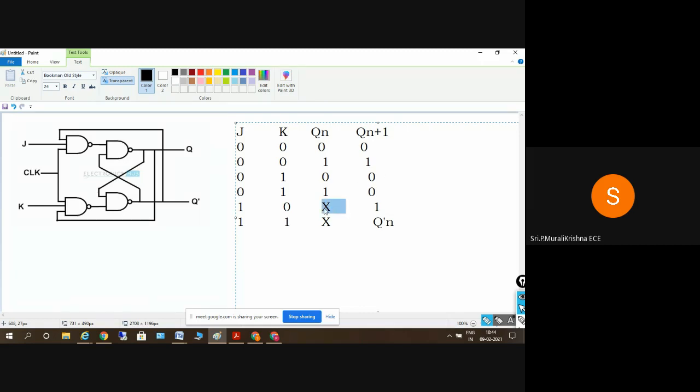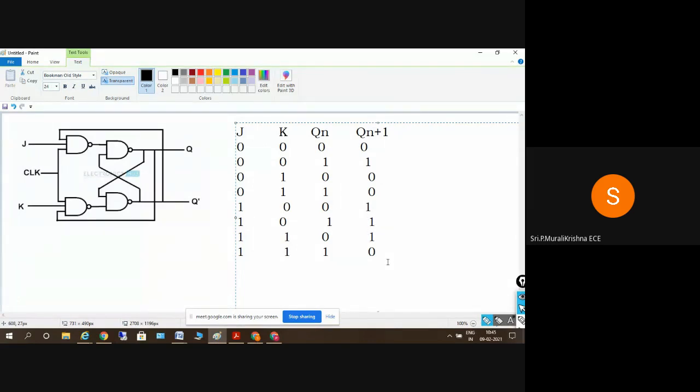And here, irrespective of the values, 1, 0, 1, I'll get a 1. And the last one: if the present state is 0, I'll get a 1. If the present state is 1, I'll get a 0 because it is a toggle of the previous state, right? So Q of N is the previous state. So this is the elaborated one.